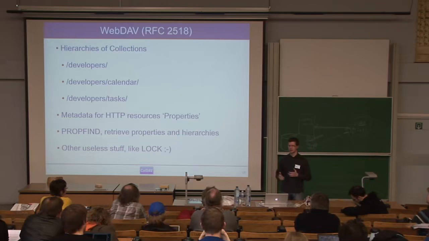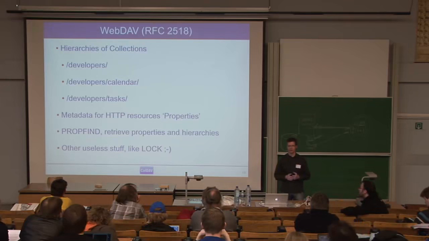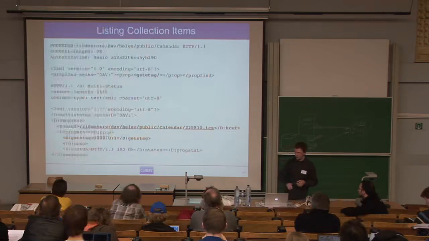But that's not really necessary because, as we've seen before, HTTP already supports optimistic locking. So you can just attempt to write and it will only fail if it actually changed. So it's usually much better for the user than locking the whole collection.